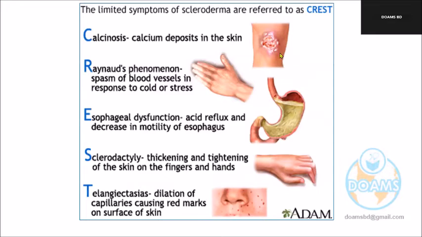So next one, part of the systemic sclerosis, CREST syndrome. Possibly we discussed in your AKT recall, CREST syndrome features. So there are also extra-articular manifestations, predominantly the esophagus, intestine and others also. Skin as well.